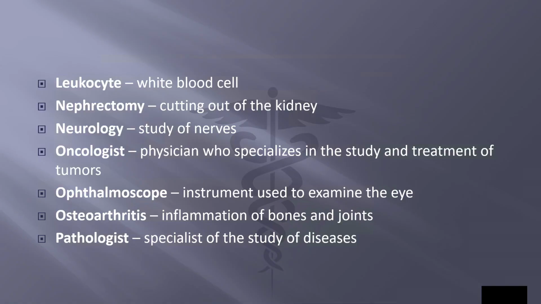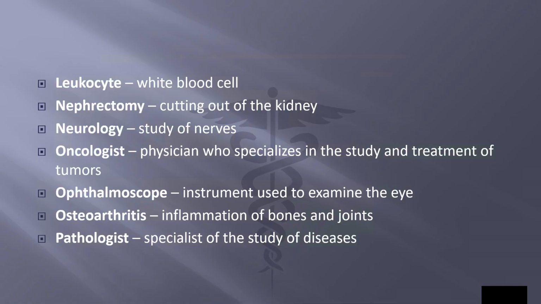This instrument allows the ophthalmologist to view both the outer and inner areas of the eye. Picture B, ophthalmoscopic examination. And picture C, the inner or back area, the retina of a normal eye, as seen through an ophthalmoscope.